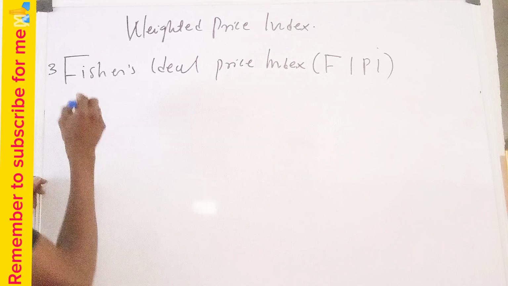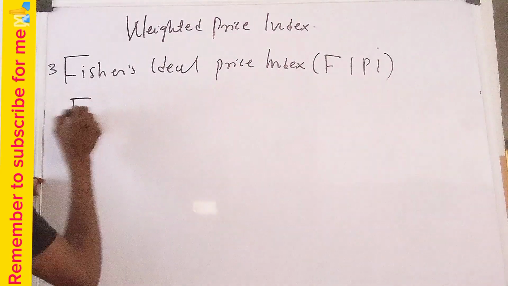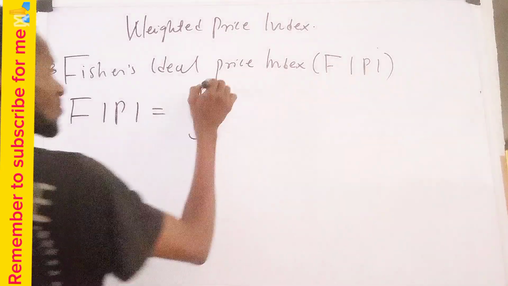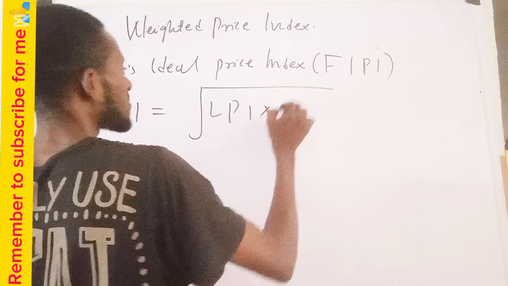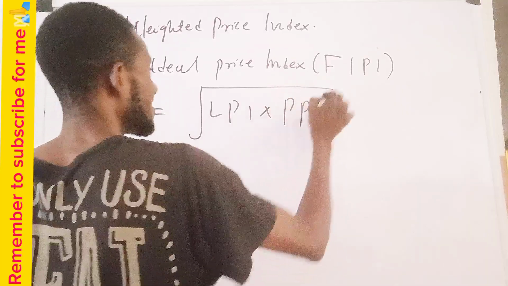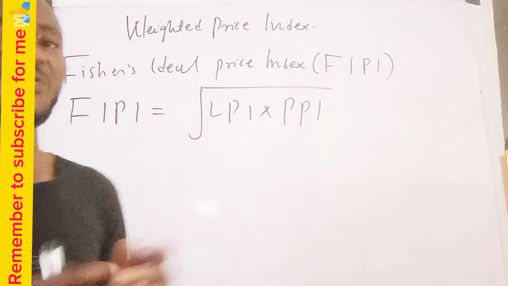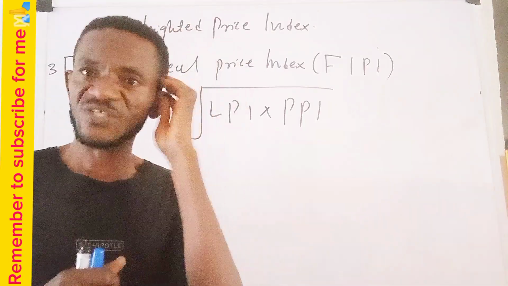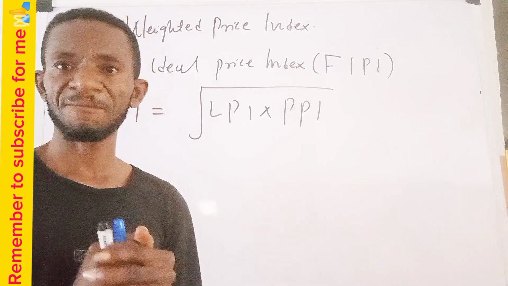That's the reason why the formula for FPI is given as the square root of the LPI multiplied by the PPI. The square root of that of Laspeyres and that of Paasche will give you what is called the Fisher's price index number.